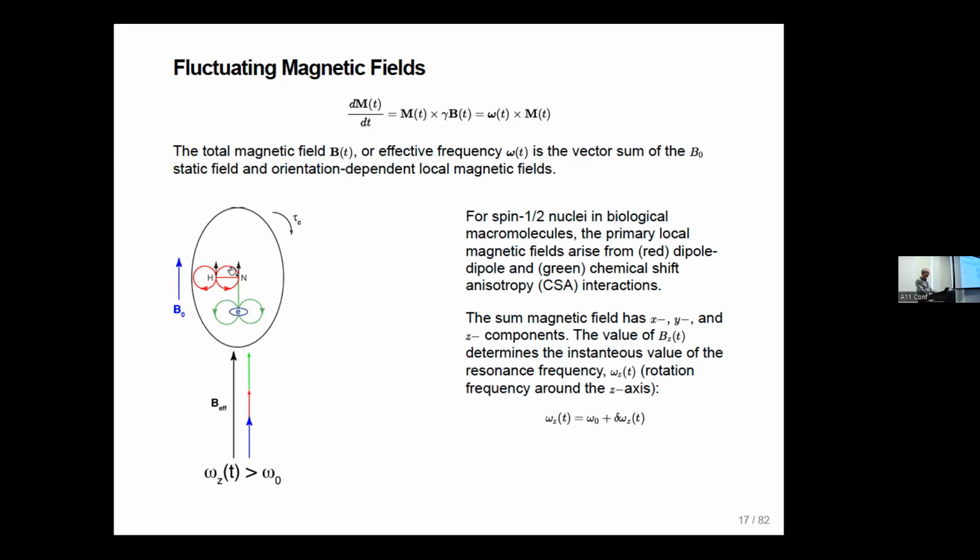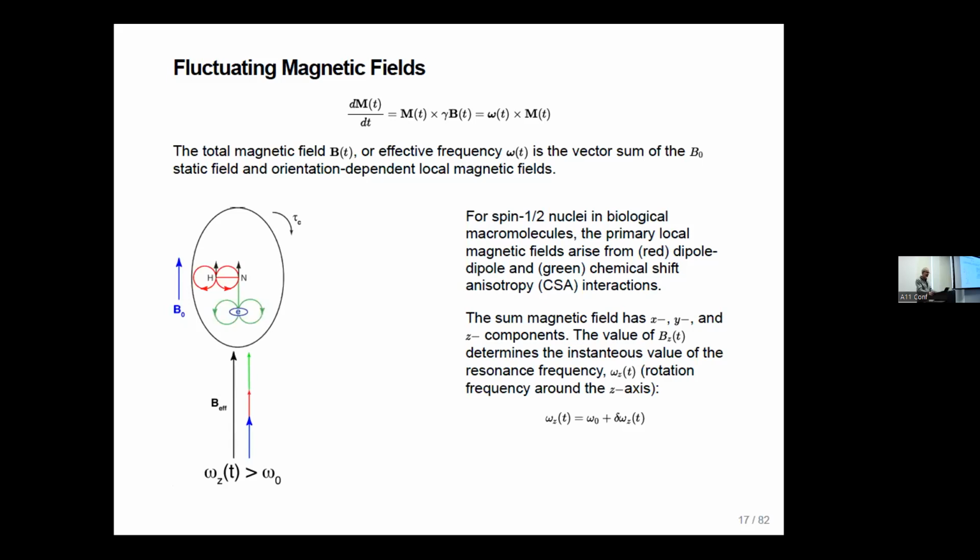And here I've drawn the picture so that they all add up together, the blue, the red, and the green, so that the effective field at this moment in time is larger than omega naught. So the instantaneous precession of that amide magnetization would be greater than omega naught. If we had transverse magnetization, the precession frequency instantaneously is larger than we expect.